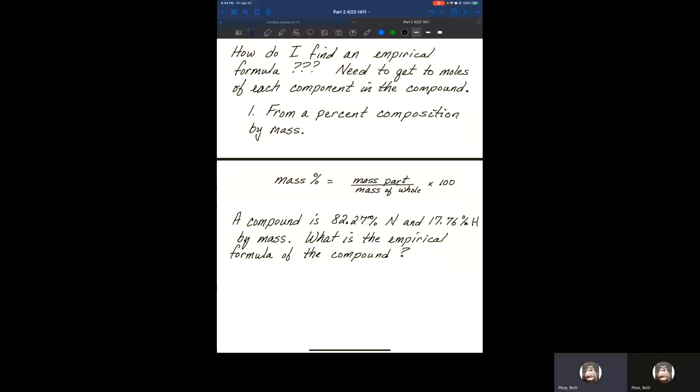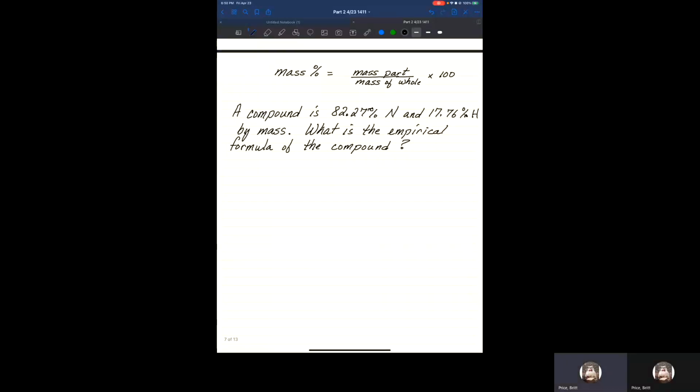Question mark. All right. If you're given a percentage, make the assumption that you have 100 grams. So my first step to determining my empirical formula is to figure out the mass of each component.